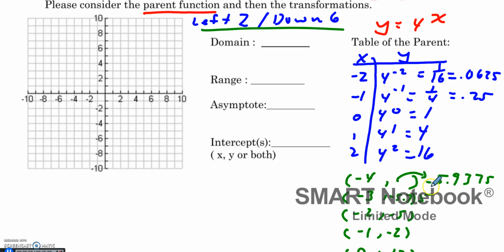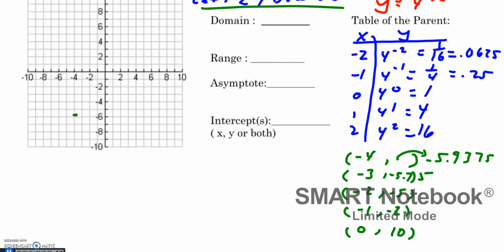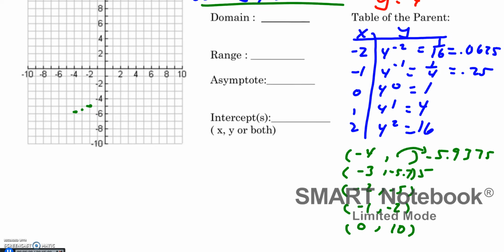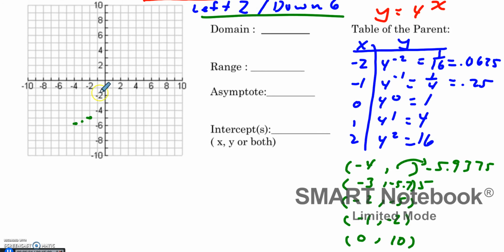So -4, -5.9, almost -6, would be right here. Then I have -3, -5.75, so a little bit higher. Then I have -2, -5. Then, sorry for this being in the way, -1, -2. And then very high up at 0, 10.